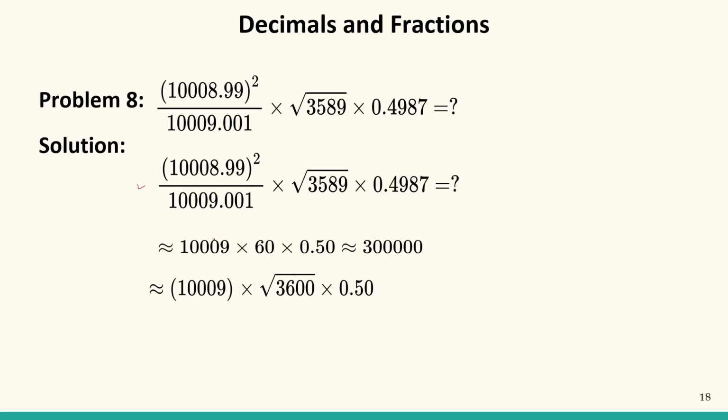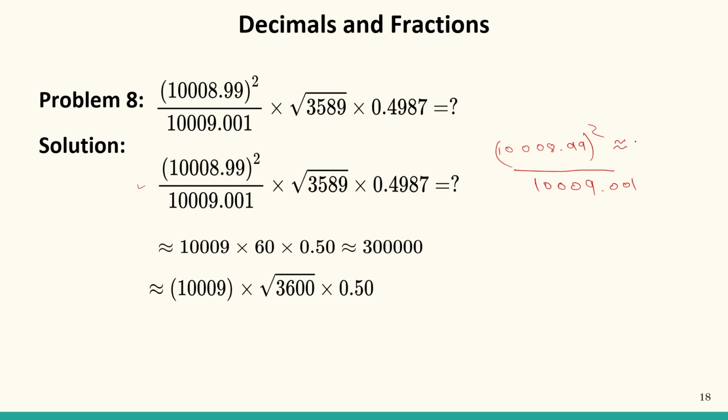We approximate the upper number. This number is approximately 10009, since there is 99 here, only a difference of 0.01. So we can assume it to be 10009.